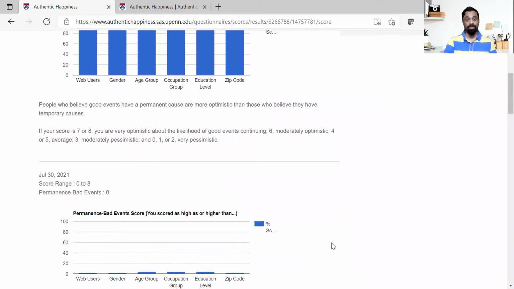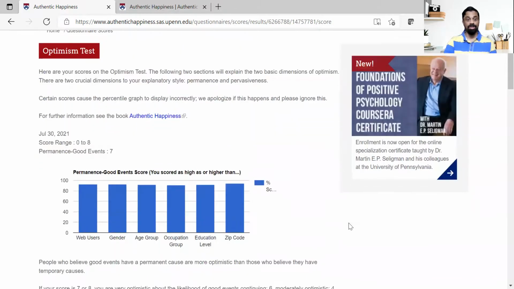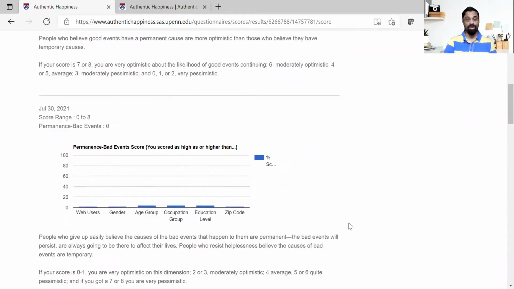The explanation is that people who believe good events have a permanent cause are more optimistic than those who believe they have temporary causes. So optimists look at permanence as being stable. If your score is 7 or 8, you're very optimistic. As you can see, my score is 7, so I'm very optimistic.